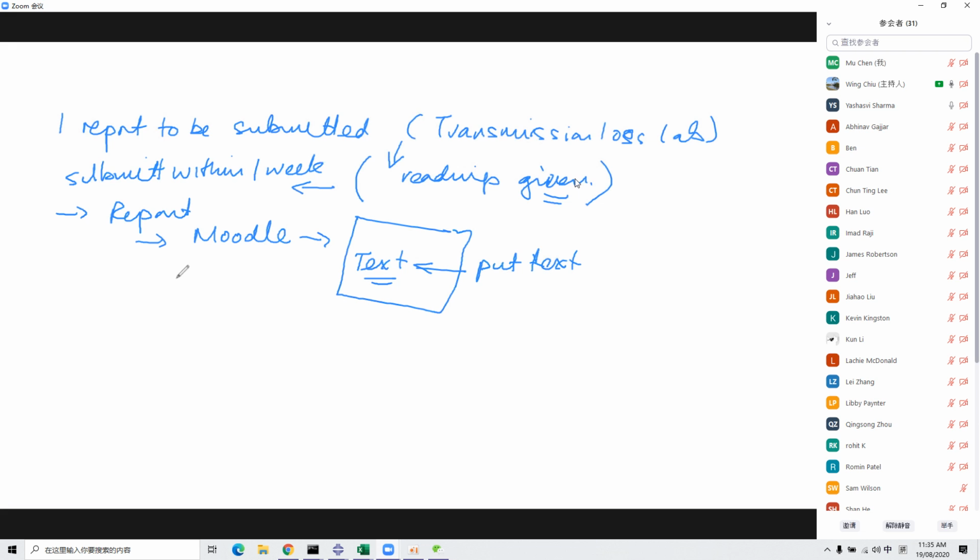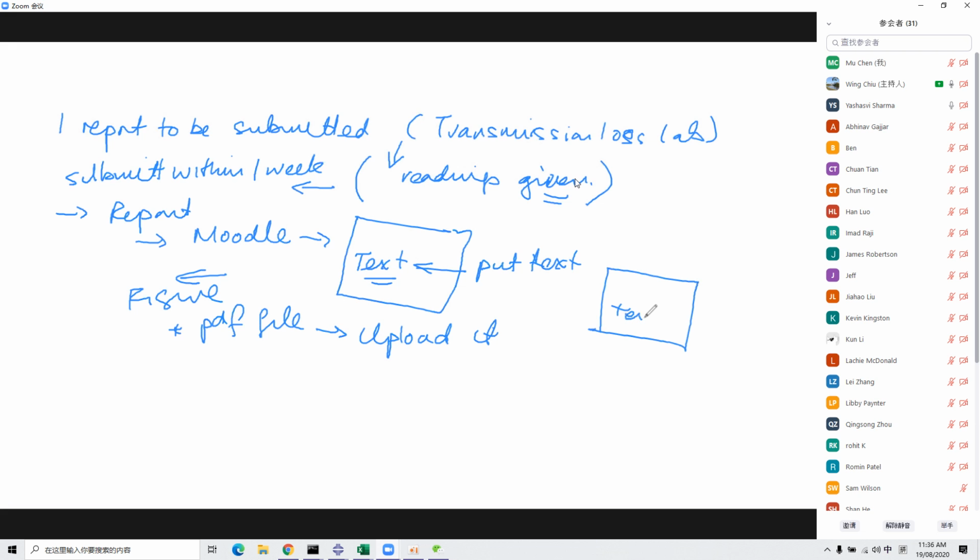But any figures, please convert them to a PDF file, and then you can upload it. There's a space where you put your text, and then there's a space at the bottom where you can upload your PDF file.